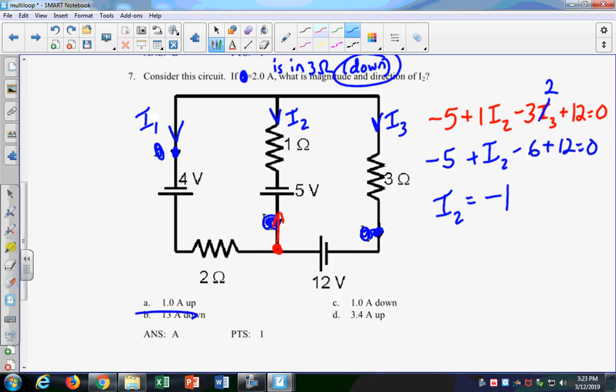If I can get rid of B and D, it's either up or down. I chose I2 to be down, so that means it's going to be up because it came out negative. What that negative means is, uh-oh, I chose the wrong direction, and I just choose the opposite of what I chose. That's number 2 on the free response.